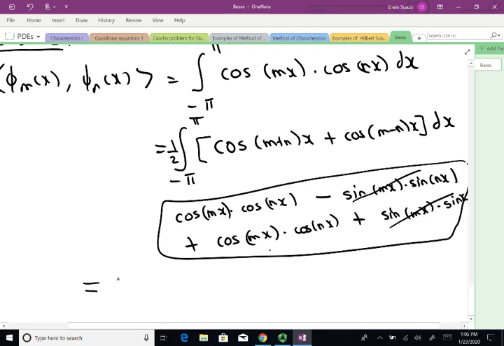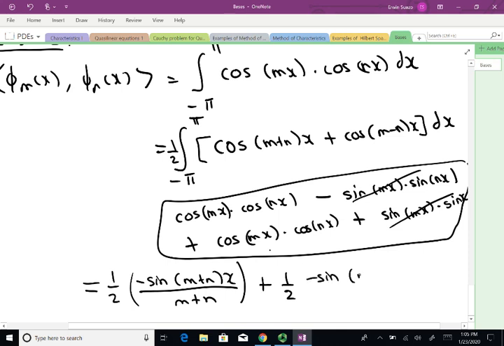So the integral, we're going to have 1/2 times sine of (m plus n)x divided by m plus n, then plus 1/2 times sine of (m minus n)x divided by m minus n, and all this between minus pi and pi.